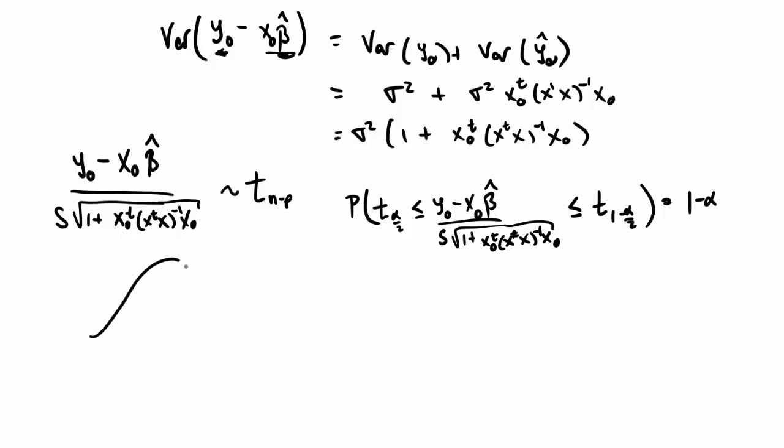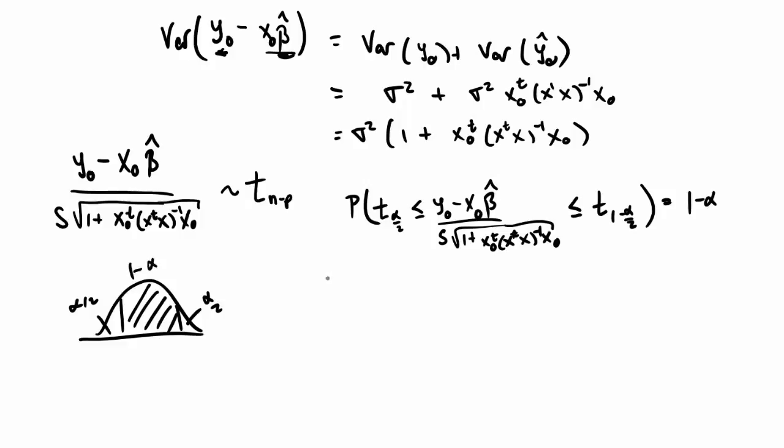In other words, we're looking at our t distribution, and if we put alpha over 2 of the mass in each tail, the probability that our statistic lies in between those two cutoffs should be equal to 1 minus alpha.